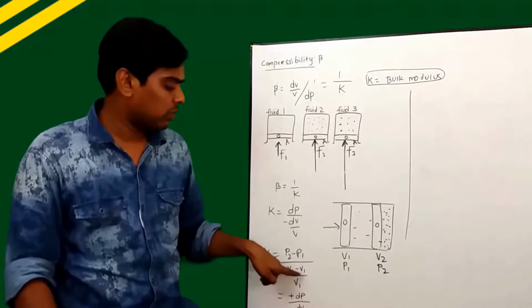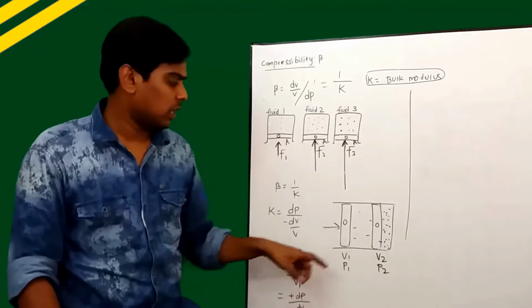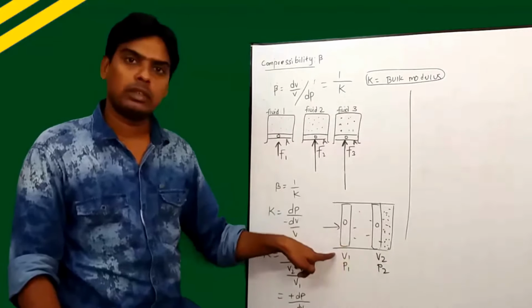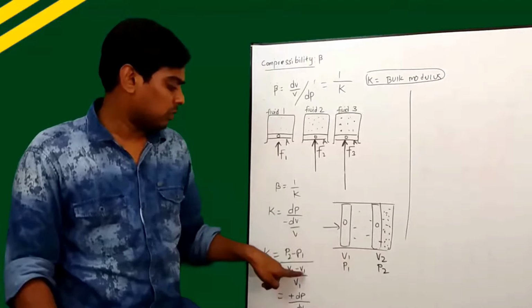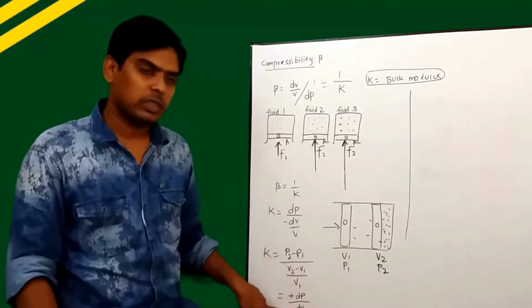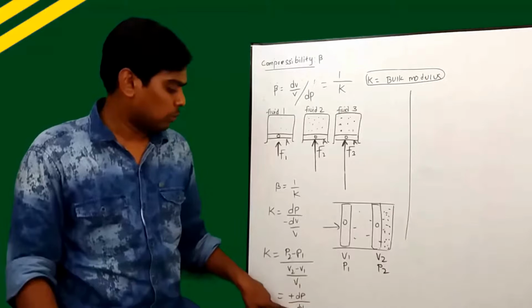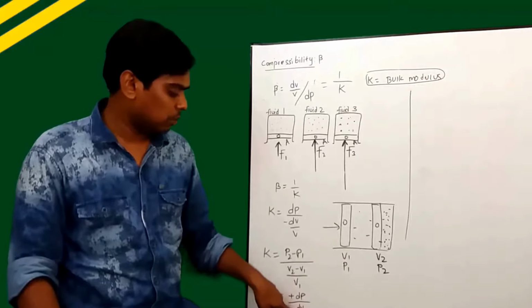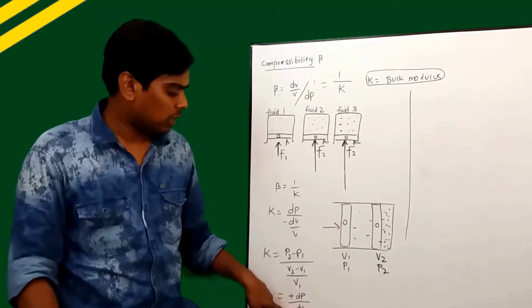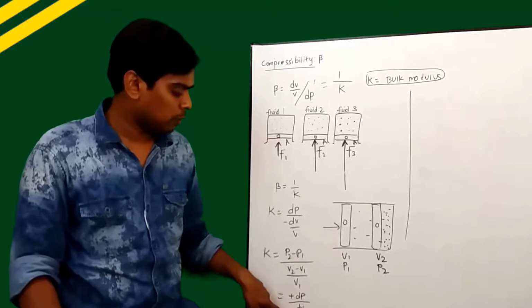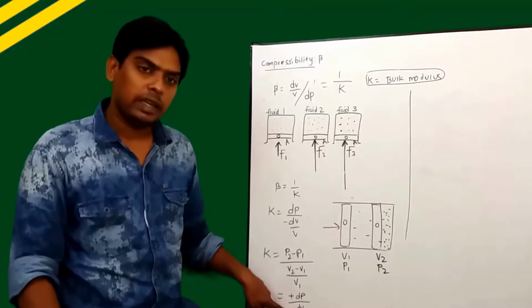Similarly, V2 minus V1 gives us a negative change, since V2 is smaller than V1. So minus dV by V. That is why we will get a negative sign in the bulk modulus formula.